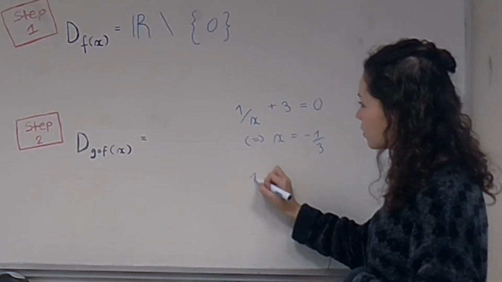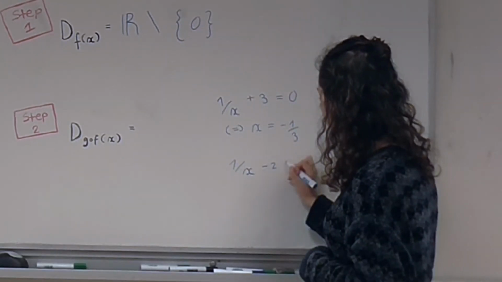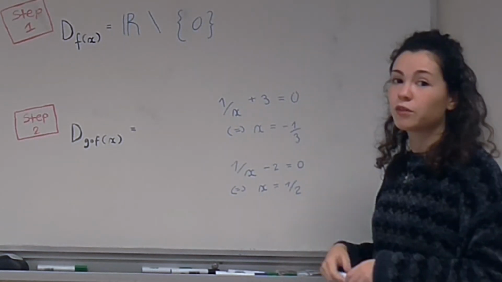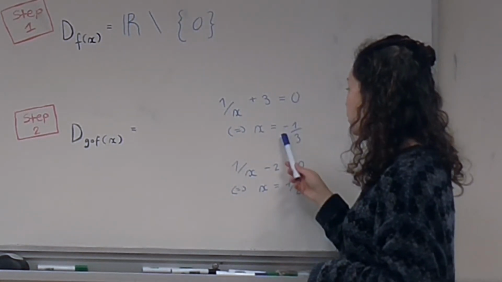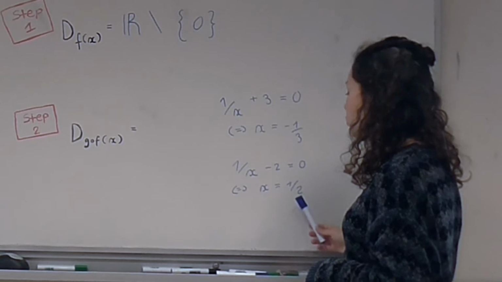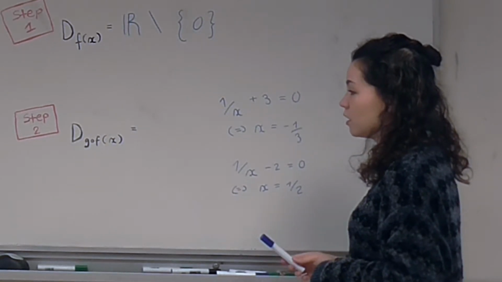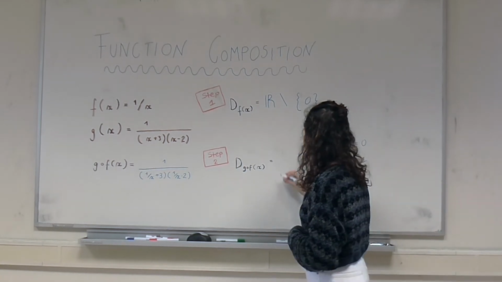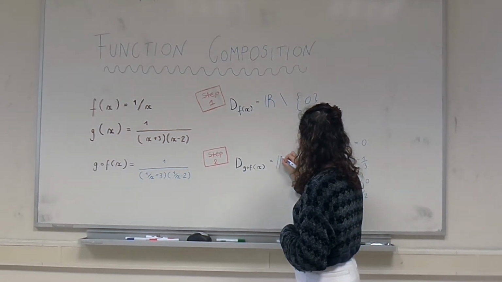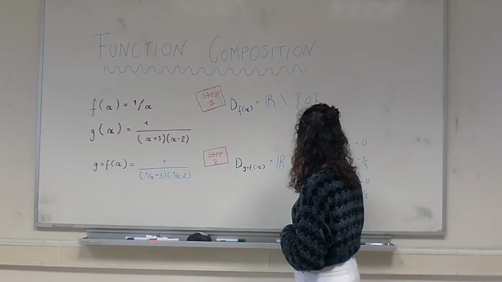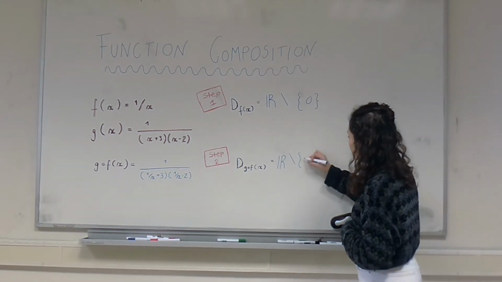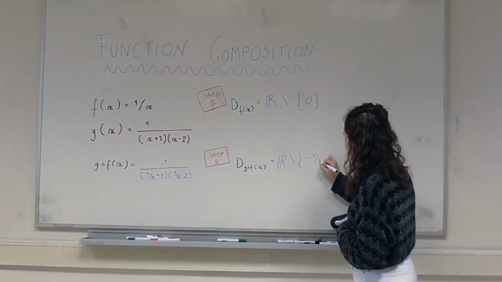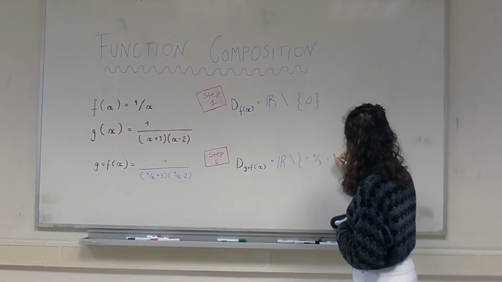And for the second part, we do the same. So this tells us that our x cannot be equal to minus 1/3 or equal to a half, because that would involve the denominator being equal to 0, which just cannot happen. So here our domain is going to be every number except these values that you have calculated, which are these.